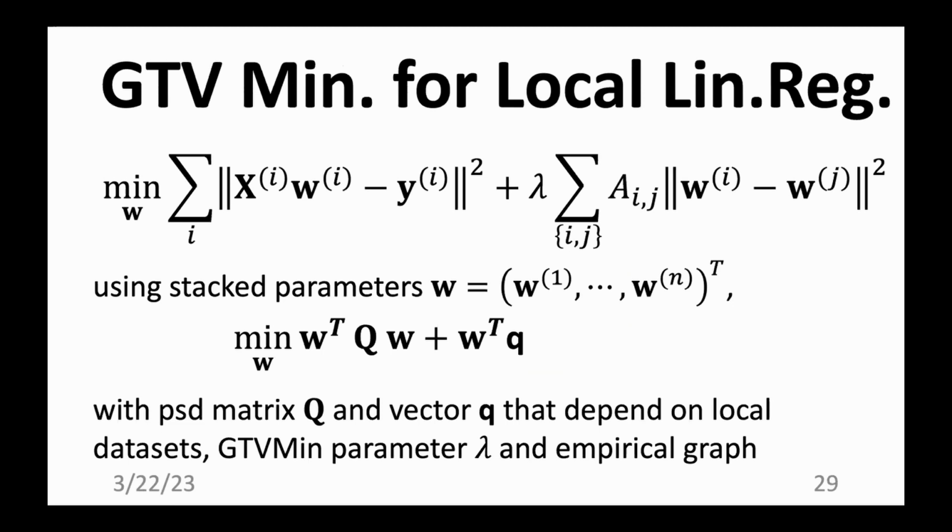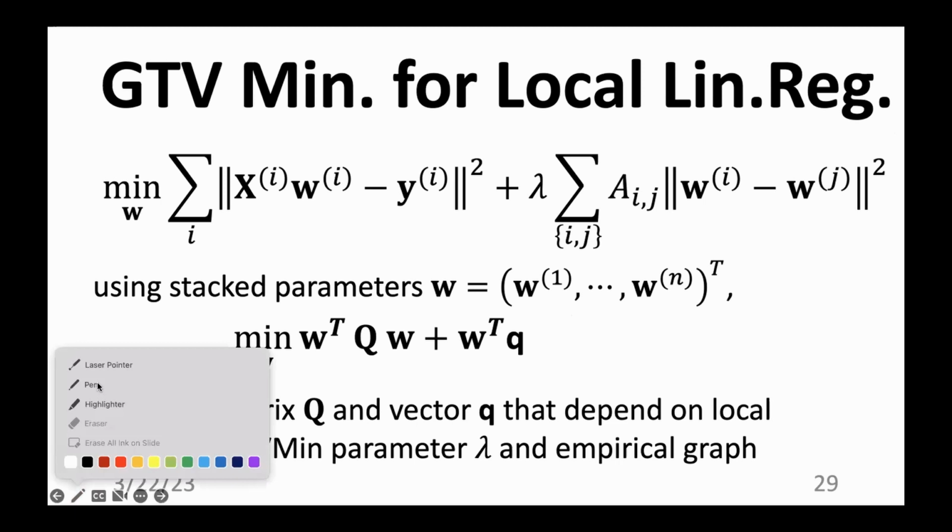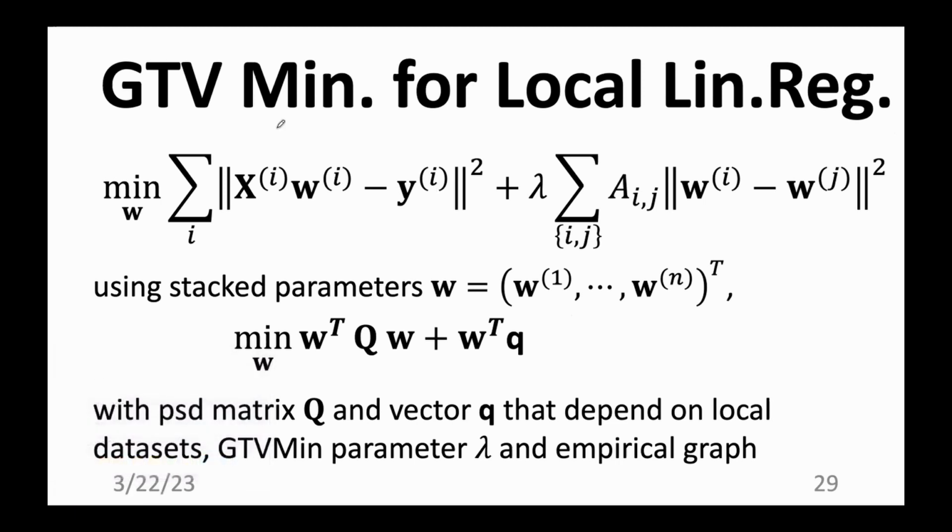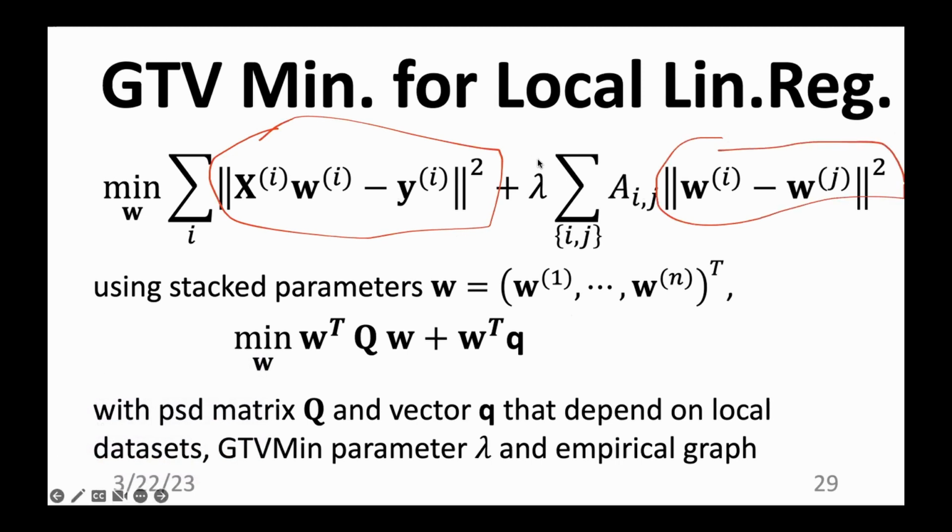So one method is obtained by considering this total variation minimization for local models being linear regression models. This gives us this error here, which is the average squared error on the local data set. And as penalty, we use the squared Euclidean norm. So this is one special case of our design principle.